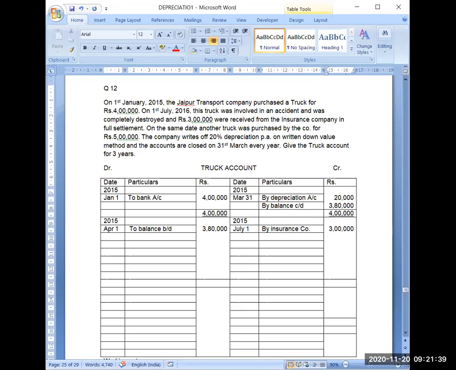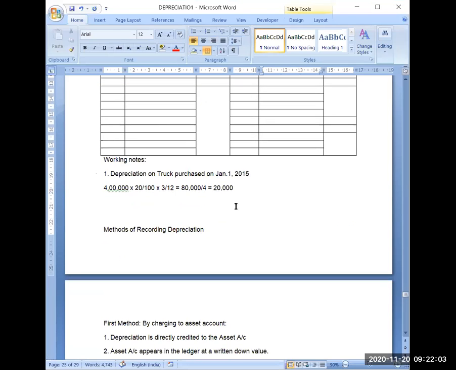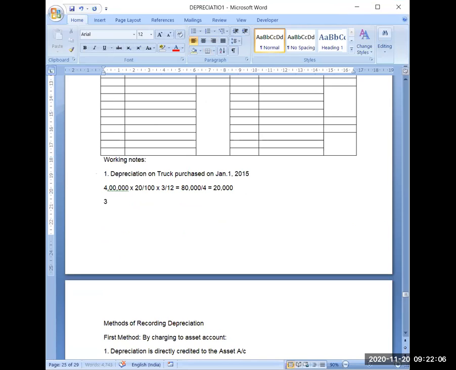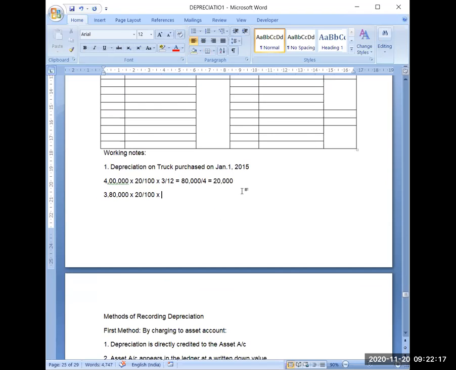Now, because we have used this truck for 3 months in this particular year, so we will charge depreciation also for 3 months by depreciation account. Now the written down value is 3,80,000. The rate of depreciation is 20%, and the time is again April, May, June, 3 months.